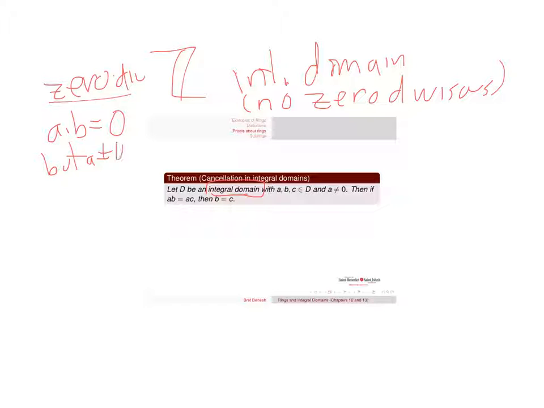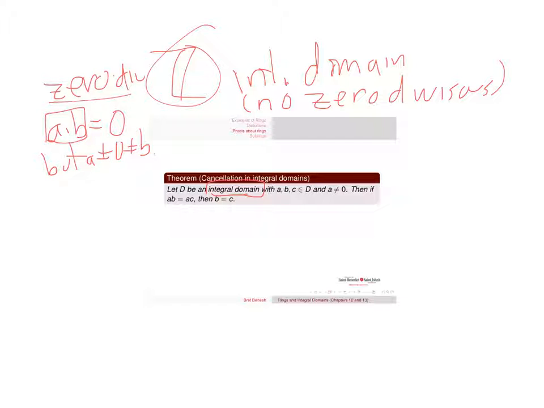That is, what does it mean to be a zero divisor? It means a times b equals 0, but a is not equal to 0 and b is not equal to 0. And we know that that's impossible in the integers. There are no zero divisors.